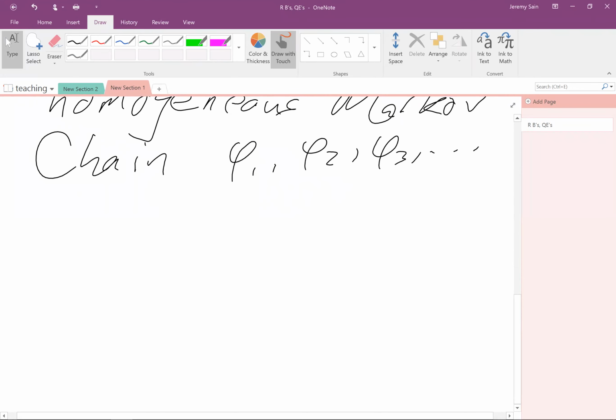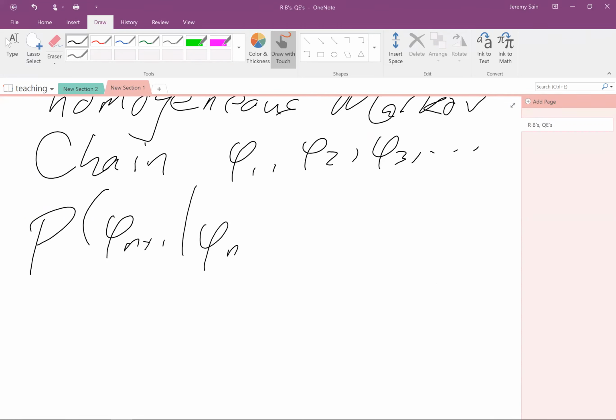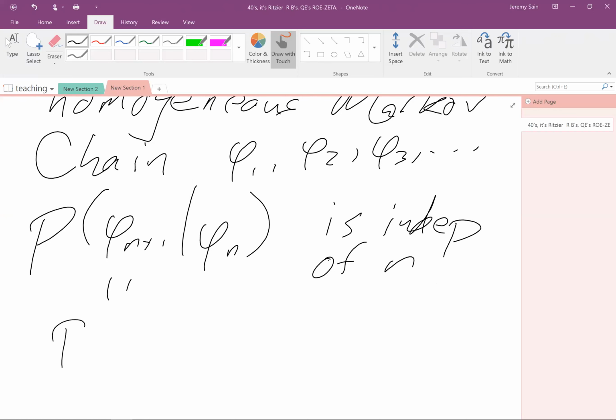And the important point is that the probability of phi n plus 1 given phi n is, well, the homogeneous part says it's independent of n, and the Markov part says that this is equal to, well, actually, let's not say it that way.